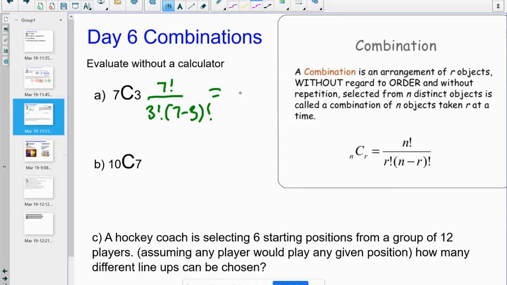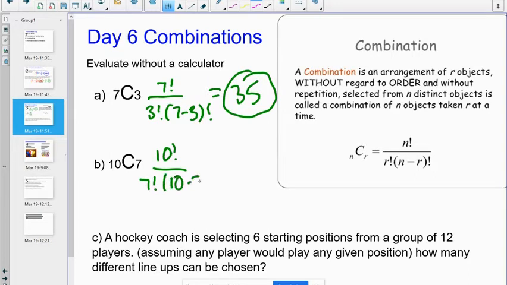And after you solve that through, 35 if you type that into your calculator. And we have one more, so we're going to set it up as 10 factorial, because that's our n, over 7 factorial times 10 minus 7 factorial. And that's just going to equal 120 after you solve that through.